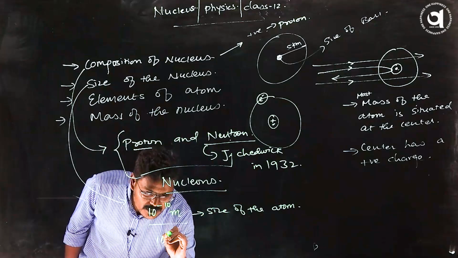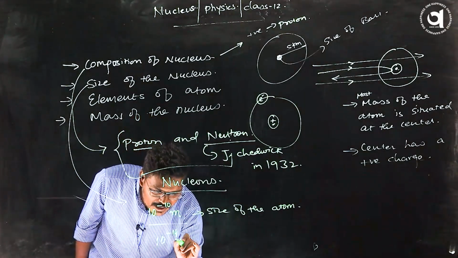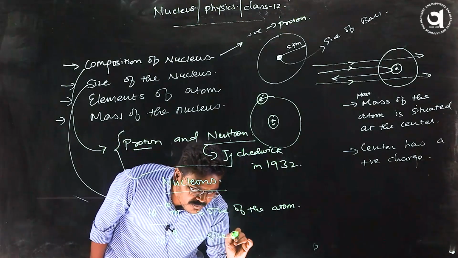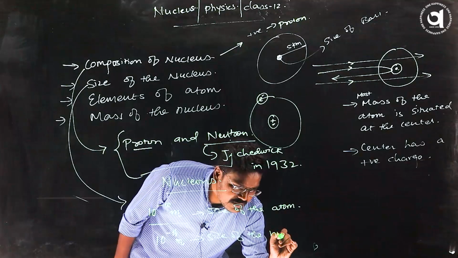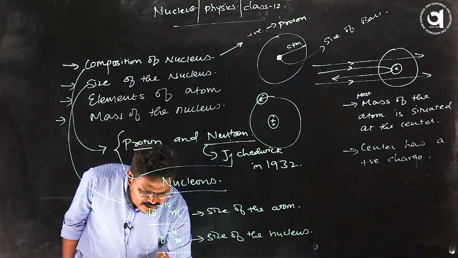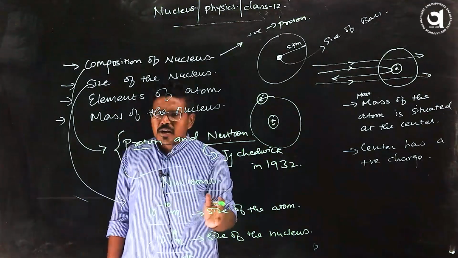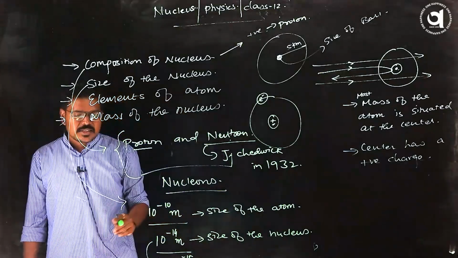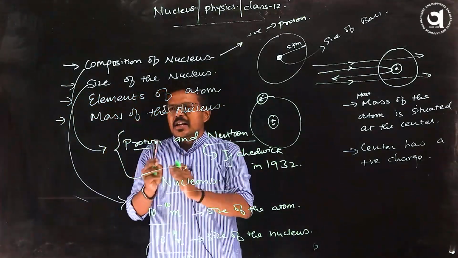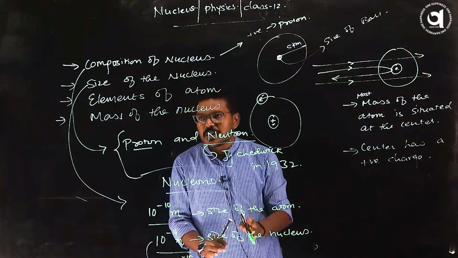So the size of the nucleus is approximately 10 raised to minus 14 meter, and we can also write it as 10 raised to minus 15 meter. So the size of the nucleus is approximately 10 raised to minus 15 meter.